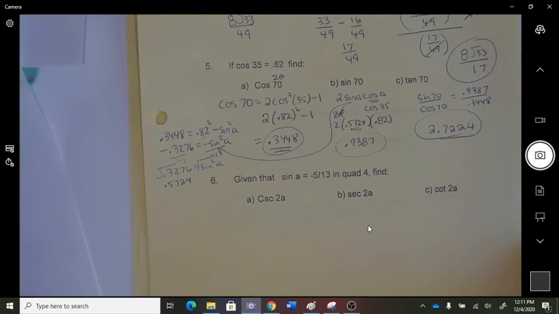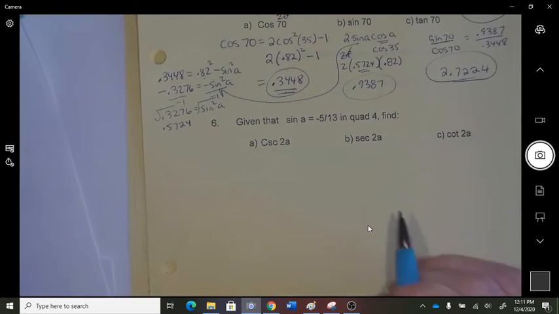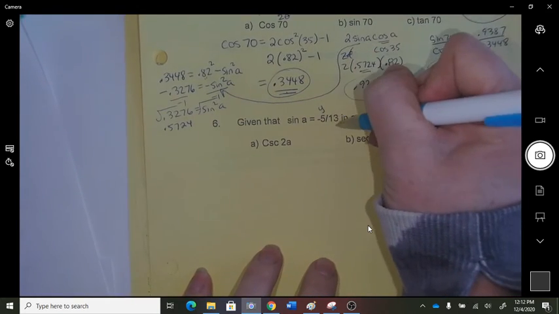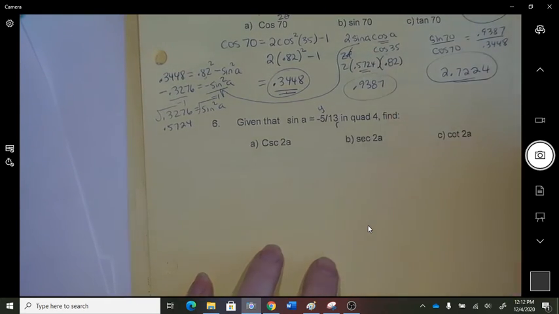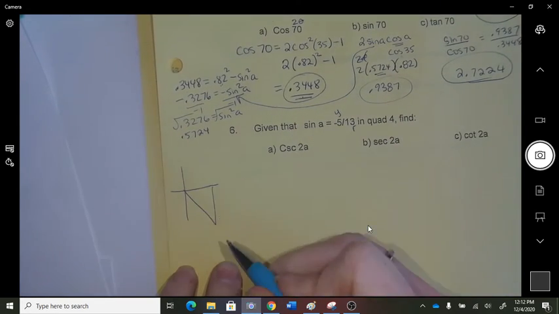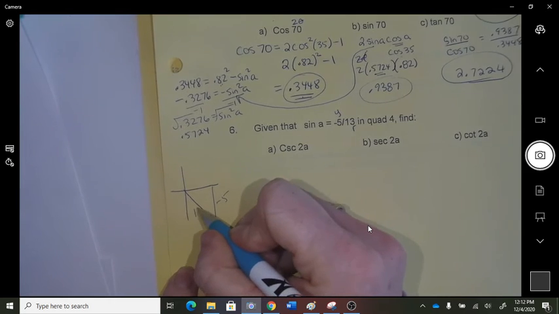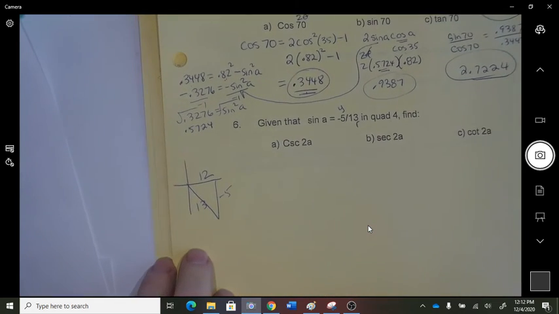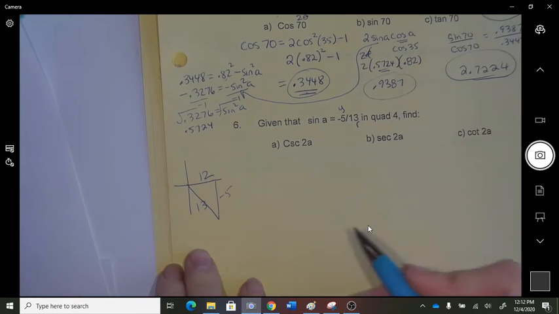Okay, number 6. The sine, so that's a y and that's an r, in quadrant 4. So to solve for the x, it's 12 and it's positive.